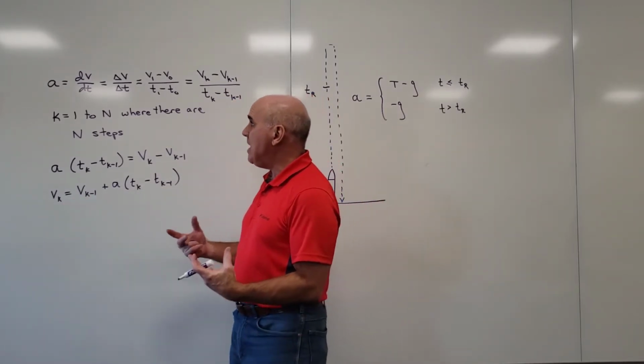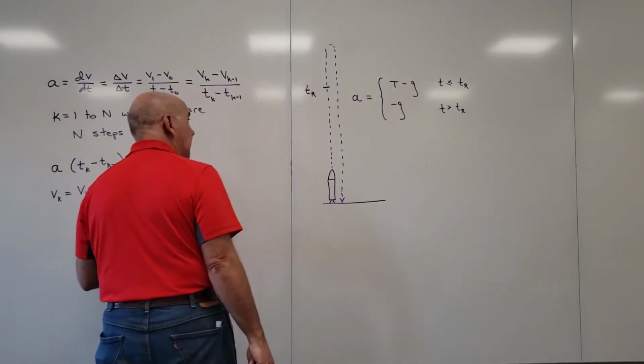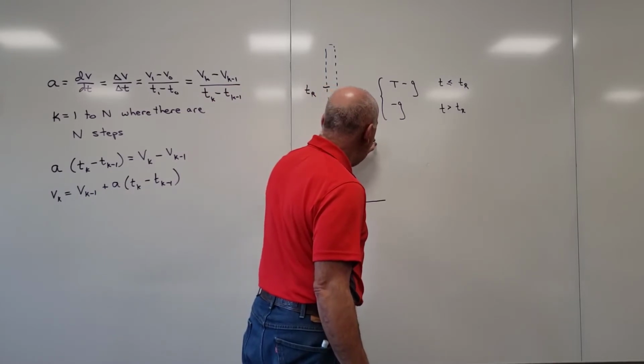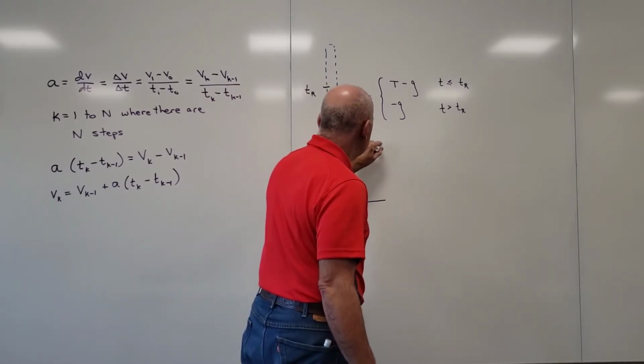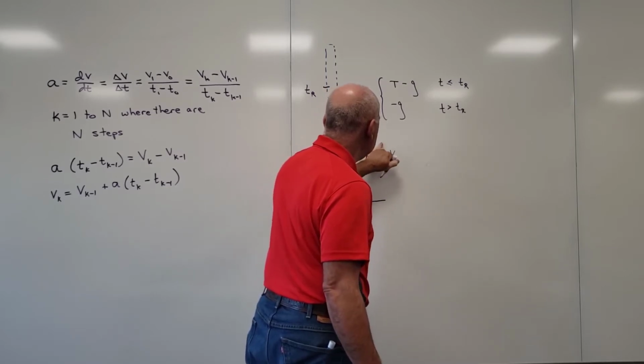All right, I can do the same thing for distance. Remember that I'm going in the y direction here, right? So I'm going to say that the change in y over the change in time equals velocity, right?